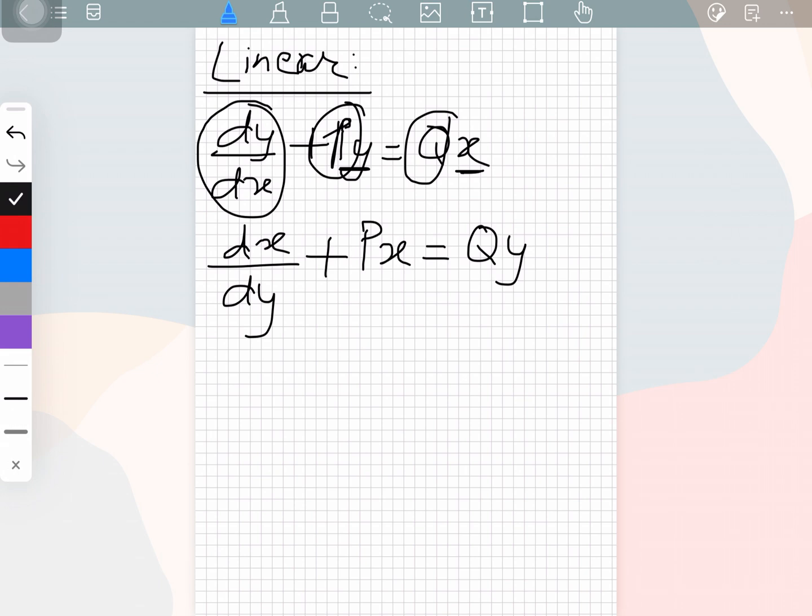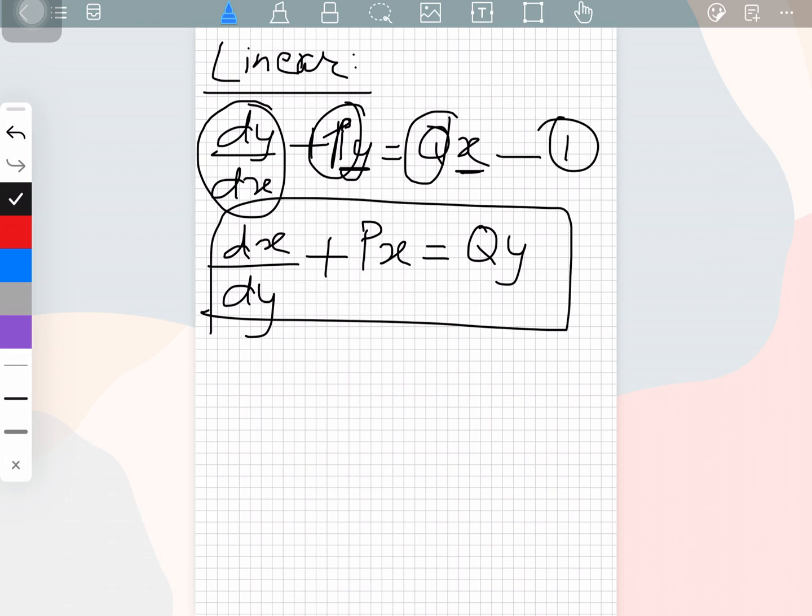After this, you're going to convert whatever the question is into this standard form, either the first one or the second one, whichever is appropriate. By appropriate, I mean that you make the coefficient of dy over dx or dx over dy 1. That's a necessity.